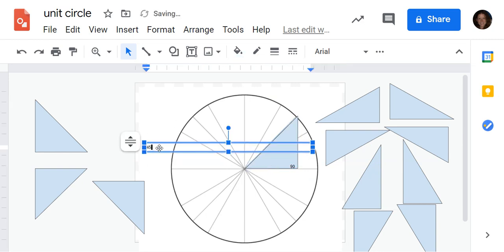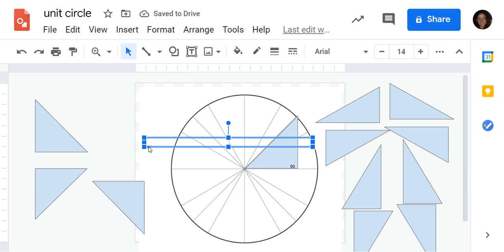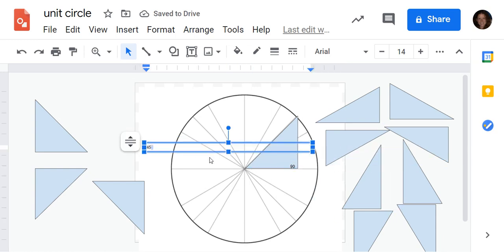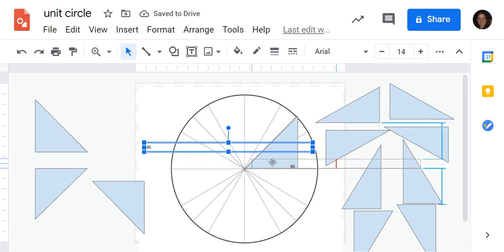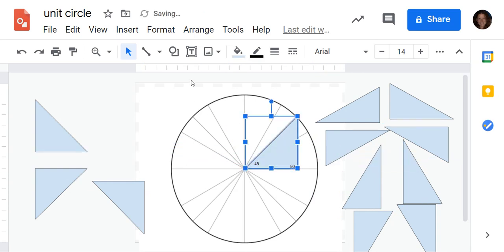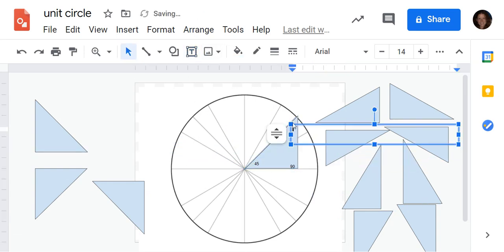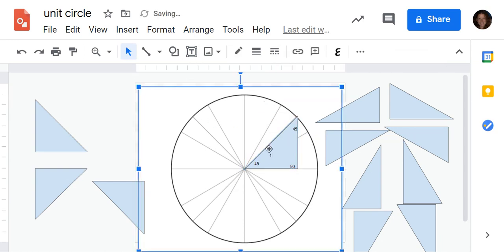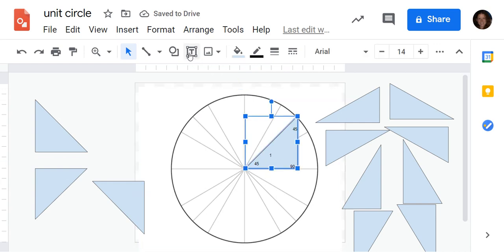Here, let me try to put these in the correct spots. 45, and then this is 45 degrees up here. But it's also telling me right here that this is a length of 1.